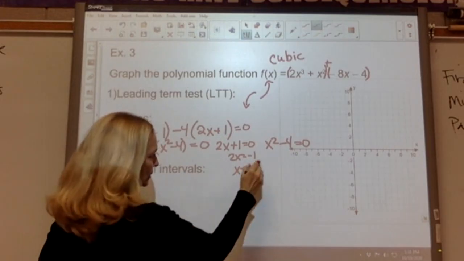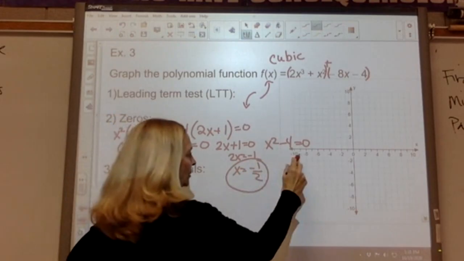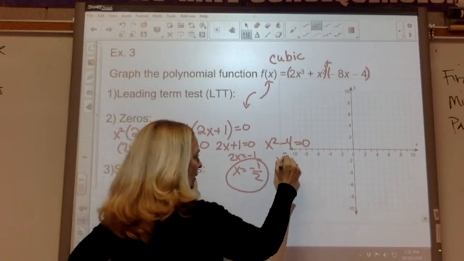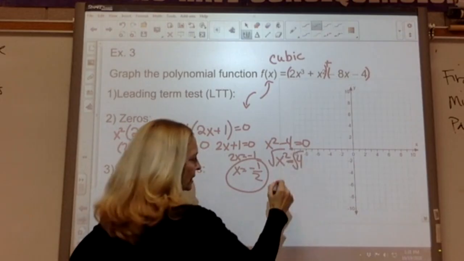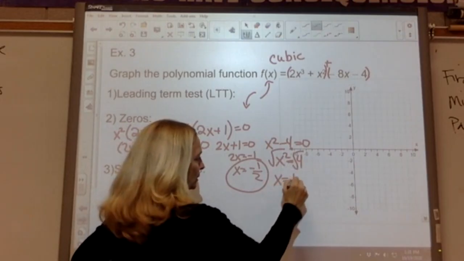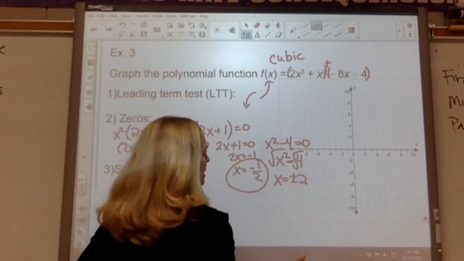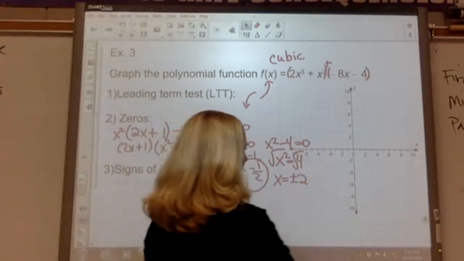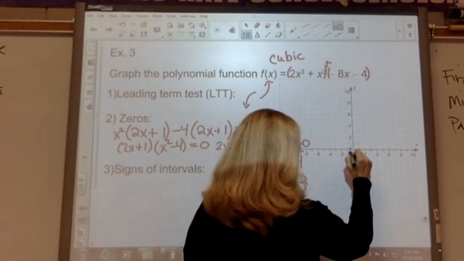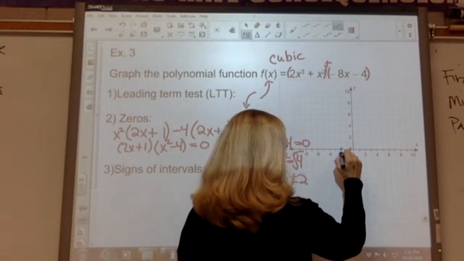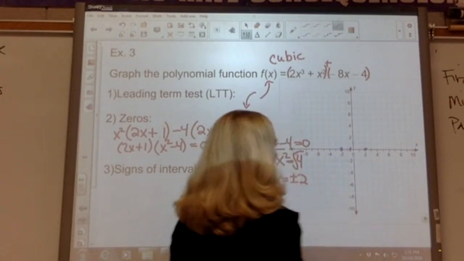So there's one of those zeros. Over here, add 4: I get x squared equals 4. Take the square root, so I have just an x. So x equals plus or minus 2. So the zeros are -1/2, and then -2 and +2.